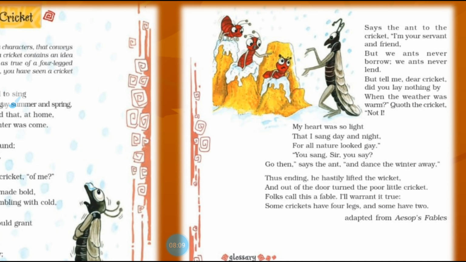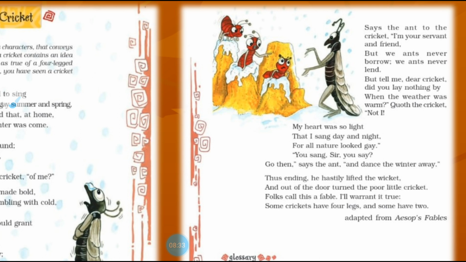You must have seen around you so many people who spent their time the way the cricket was spending, without thinking, without being careful, without being responsible, only having fun, making merry, singing, dancing like the cricket. But they have to suffer in their future.